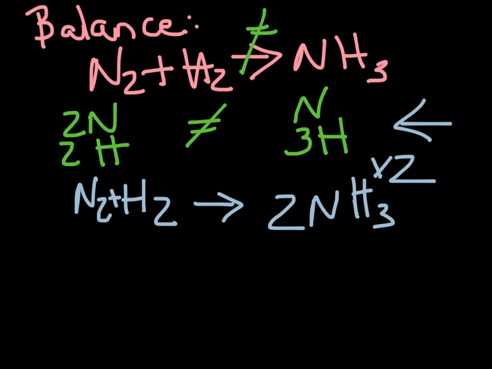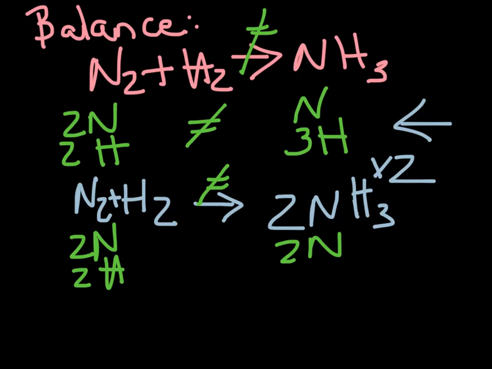Again, though, this does not equal. Okay, by doing that, we now have 2 nitrogens, 2 hydrogens. Here we have 2 nitrogens, so those now equal. But we've got 3 hydrogens, so these are not equal.